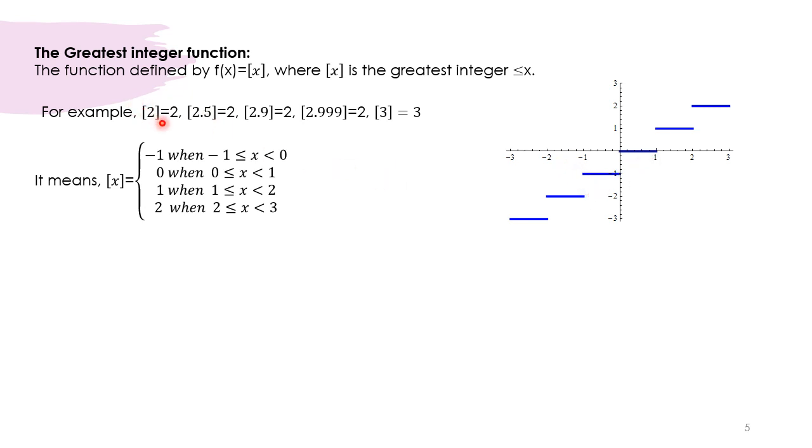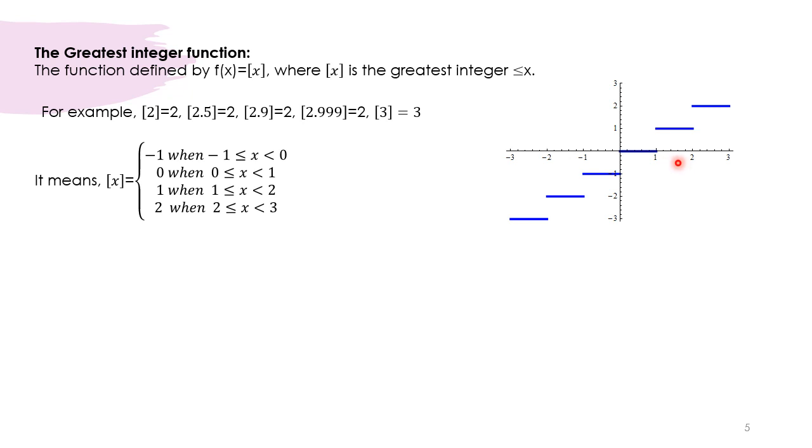Means whenever you have 2, you are having 2 here, right? Whenever you have 2.5, then also 2 comes, 2.9, then also 2 comes. So it means for between 2 and 3, if 2 less than or equal to x less than 3, you are getting f(x).